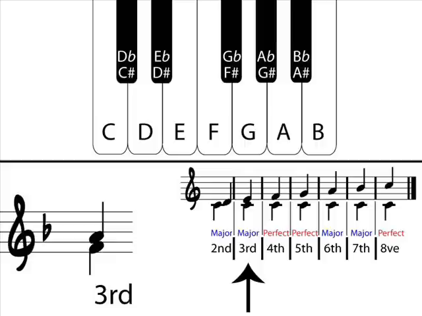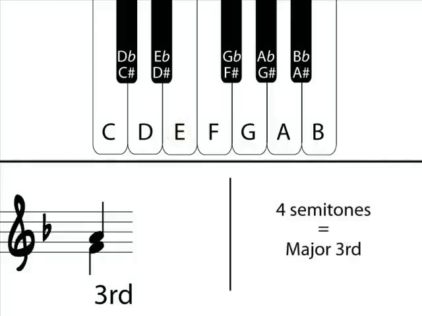All we need to do is count the semitones between the notes in a major third from C major, a C to an E. We'll use the keyboard at the top of the screen to help us. Here we go. Here's the C, and it's 1 semitone to C sharp, 2 to D, 3 to D sharp, and 4 to E. Therefore, we know that 4 semitones make up a major third.